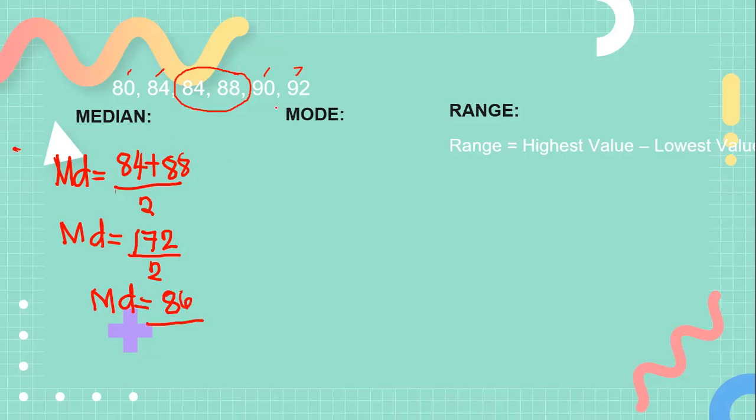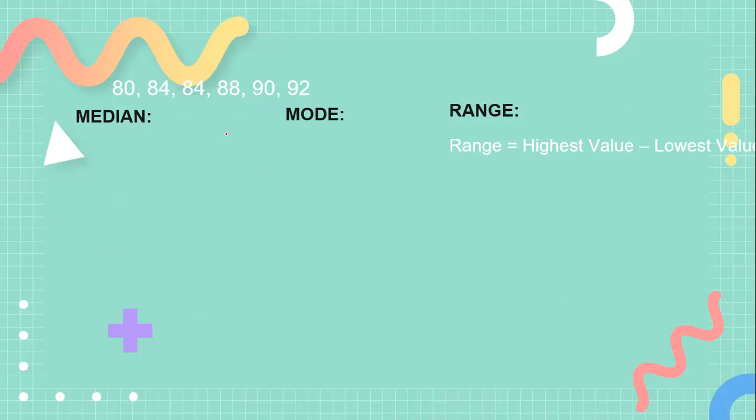Now, let's proceed to our mode, class. Based on the definition, the mode is the data that appears repeatedly.